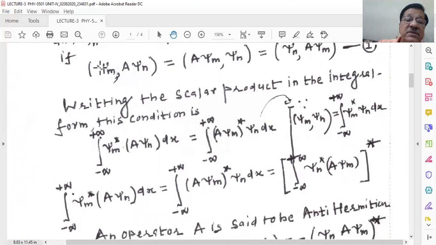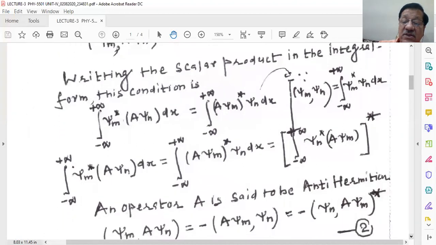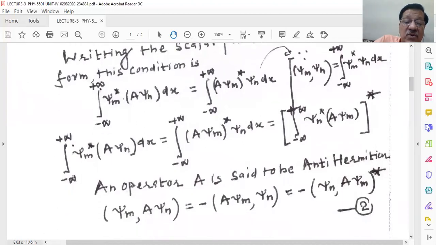If the scalar product of ψ_m with A ψ_n is equal to minus the scalar product of A ψ_m with ψ_n, so you see I can write this equation in this form. If it is not minus, if it is positive, then A is Hermitian. If it is negative here, then A is anti-Hermitian.